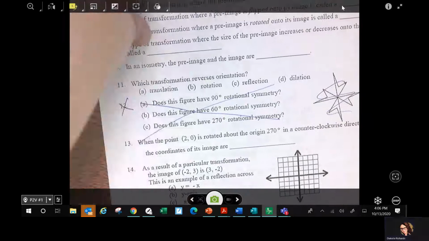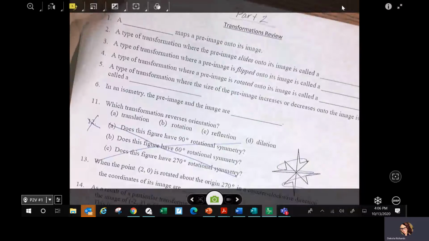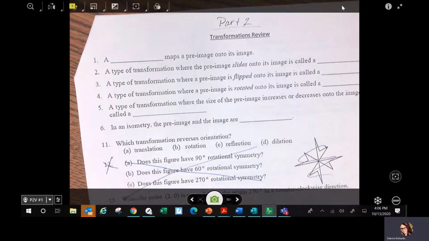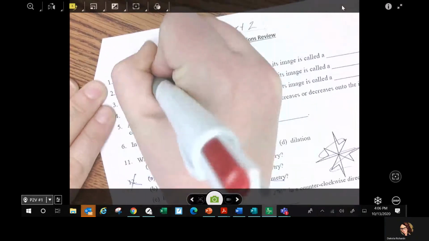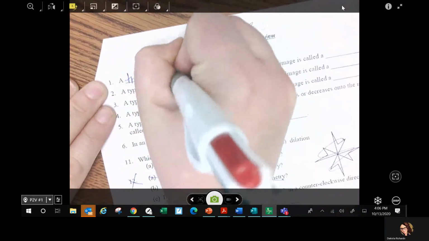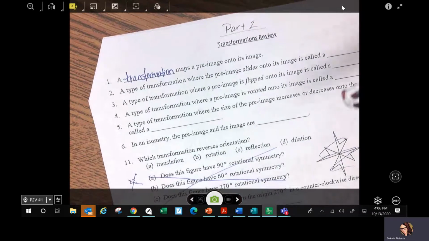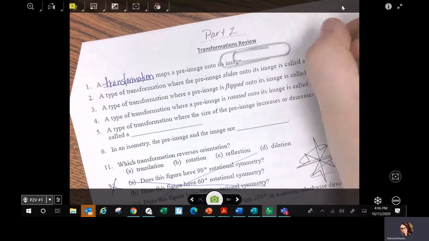So I want to review the material that we haven't seen in a while. I want to do that first, and then we can look at some other stuff. So transformations review. A blank maps a pre-image onto its image. That is just a transformation. Okay. A type of transformation where the pre-image slides onto its image, that was called a translation.